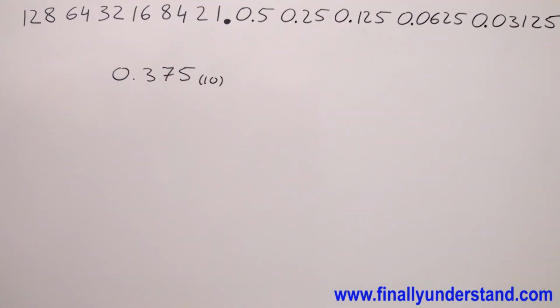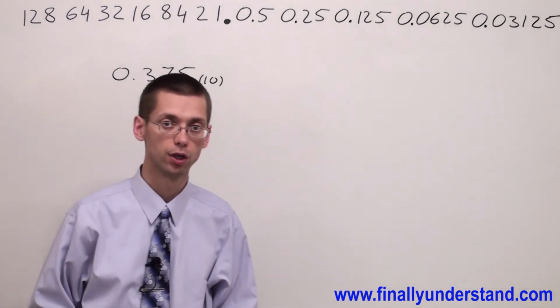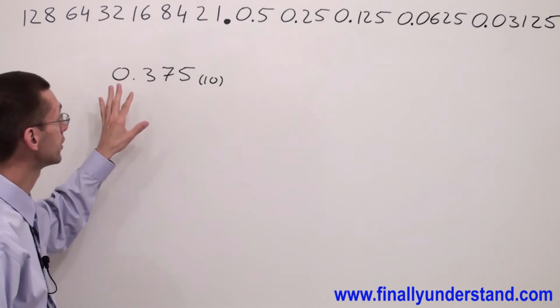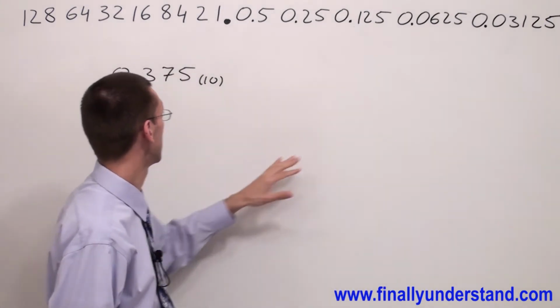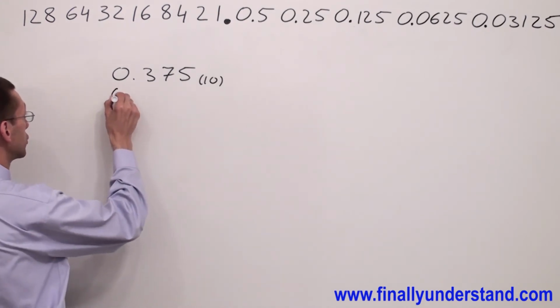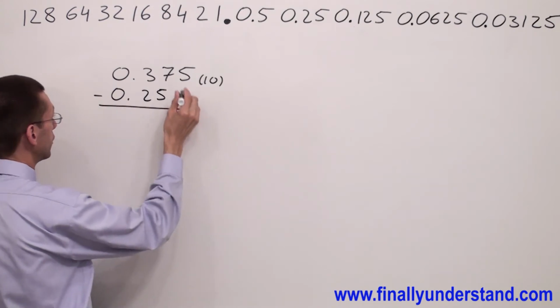This time we're supposed to convert 375 thousandths to binary. First, you have to ask yourself the question, what is the highest weight which I can subtract from this number? The answer is, I can subtract 25 hundredths. Perform the subtraction.